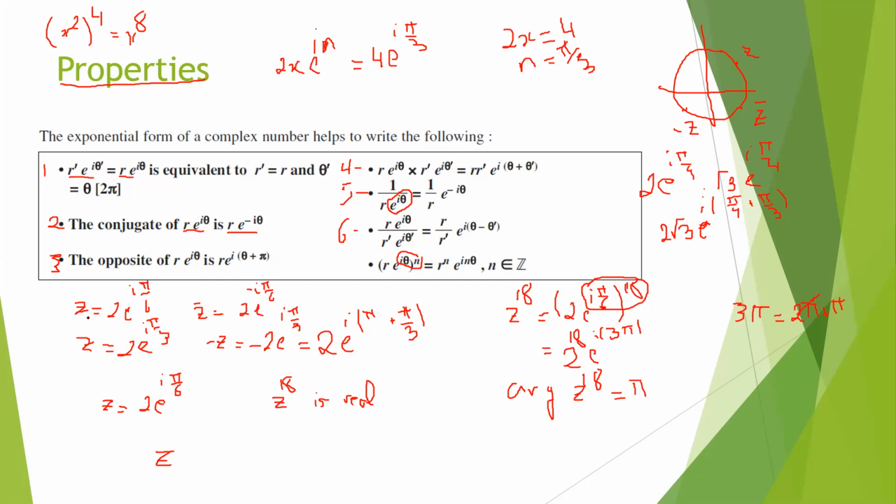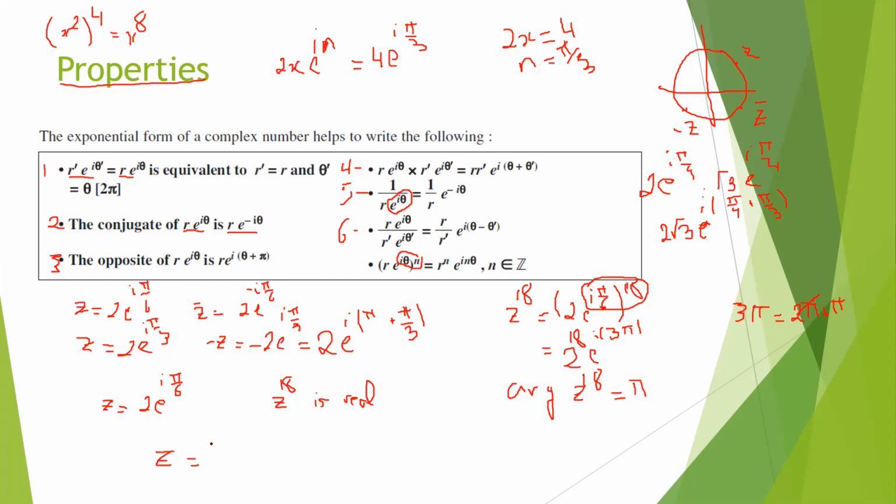Then z to the power 18 equals 2 to the power 18 e to the i 3 pi, so the argument of z to the power 18 is pi. 3 pi is the same as pi.